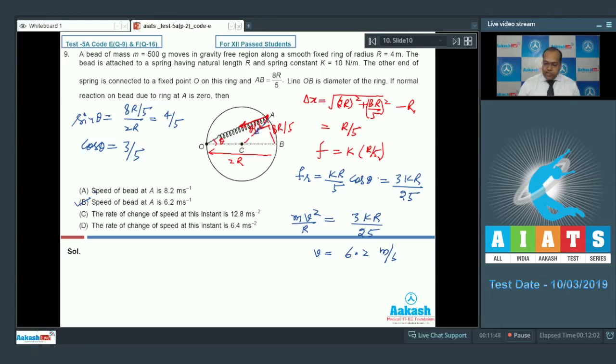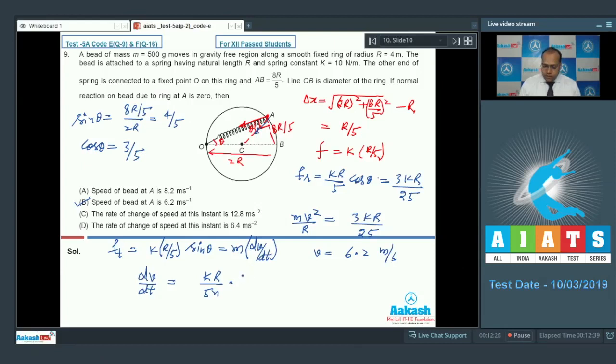Now the tangential force acting on the bead is Ft equal to k into r by 5 into sin theta, and this must be equal to m into dV by dt. So the value of dV by dt comes out to be kr by 5 into m into sin theta.